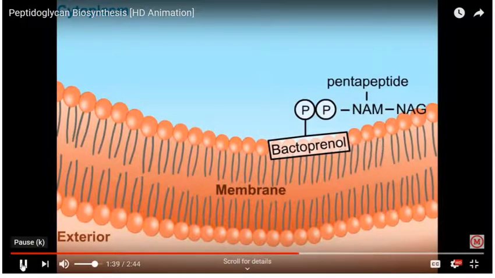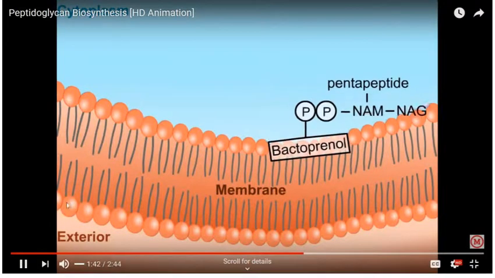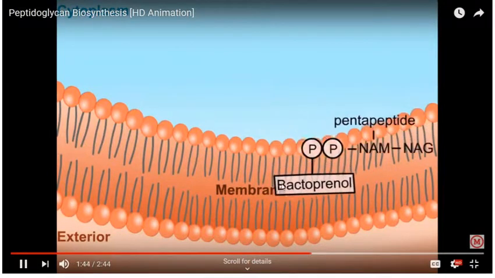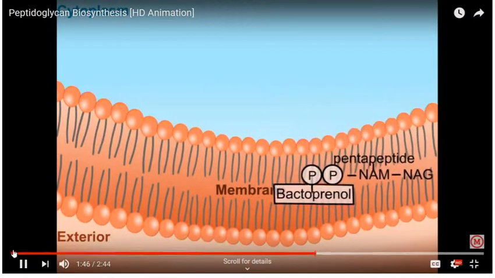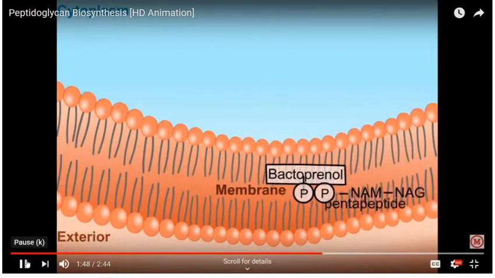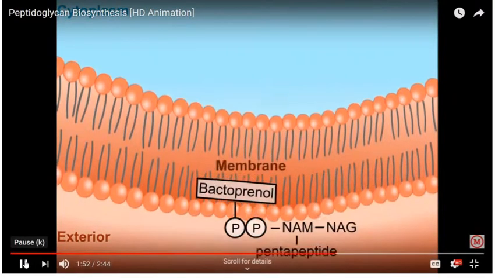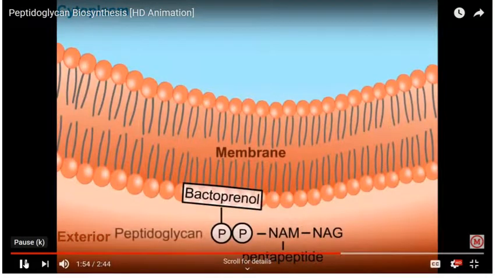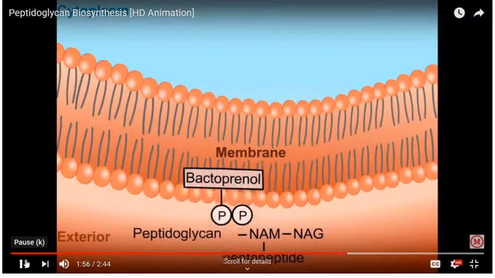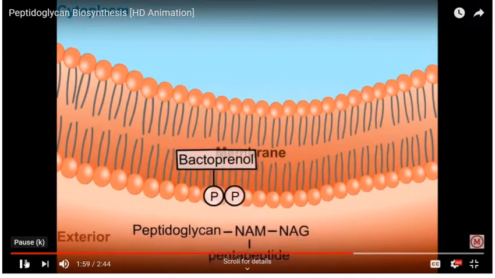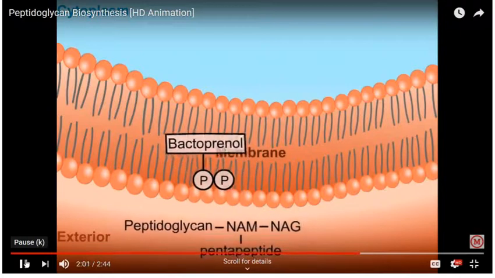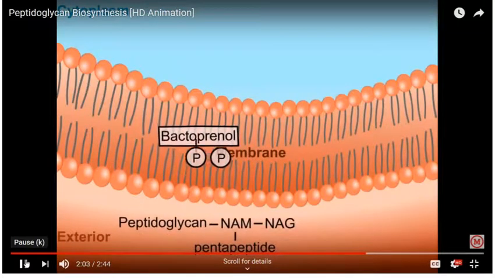Okay, so this is a kind of lipid that can flip from one side of the membrane to the other. So there it is. And now the dimer is going to be inserted into the peptidoglycan. This is a transglycosidase.